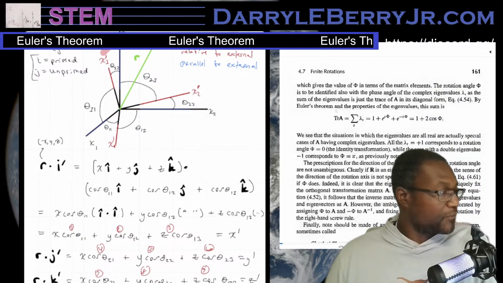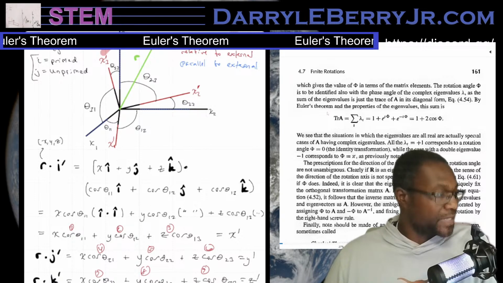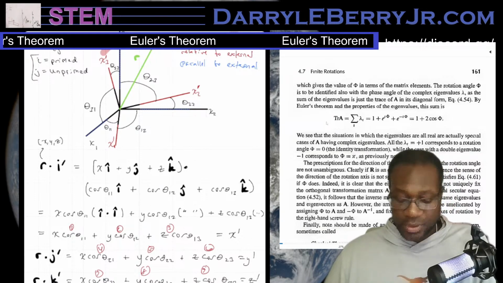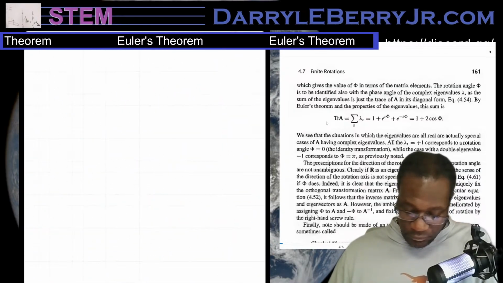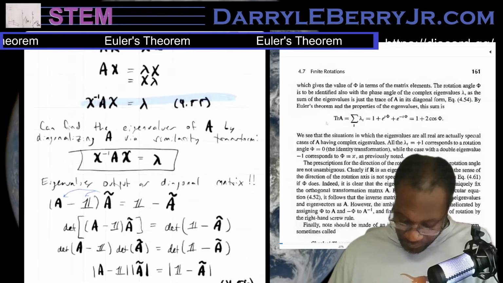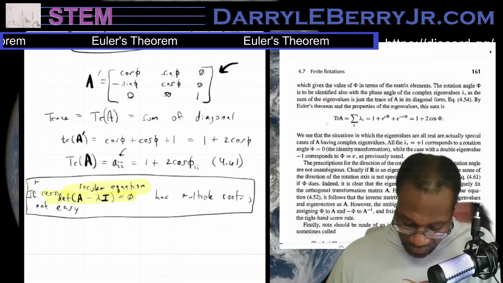The rotation angle phi is to be identified also with the phase angle of complex eigenvalues lambda, okay? As the sum of the eigenvalues is just the trace of A in its diagonal form, okay? Because of course, when we look at the secular equation, lambda is multiplied by the identity matrix.